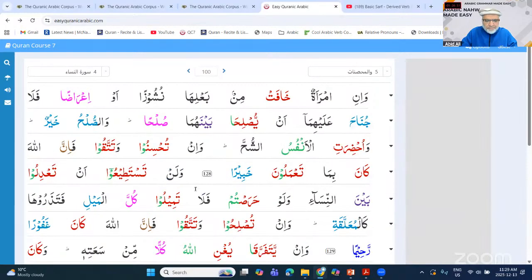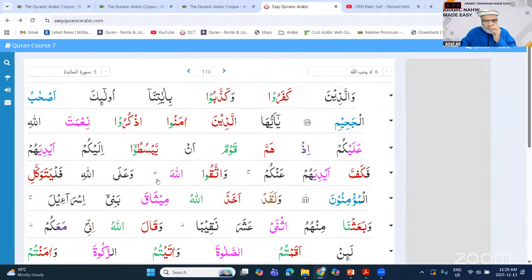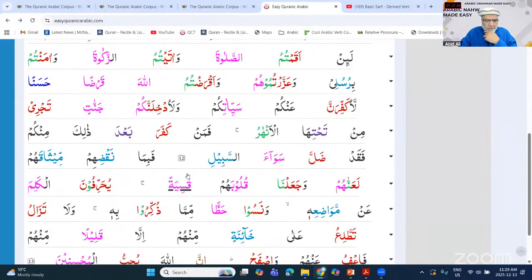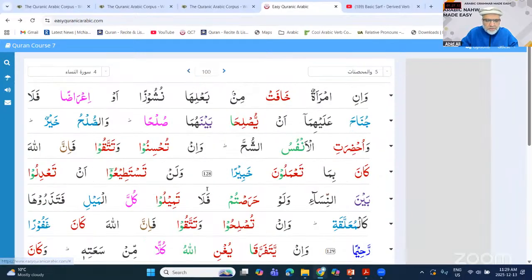100, 128. No, I need to go maybe 200. And 200 is already Surah At-Tawbah. 110. Let's see. Okay, what happened? Surah Al-Ma'idah. When I was in 100, it was already Surah Al-Nisa.